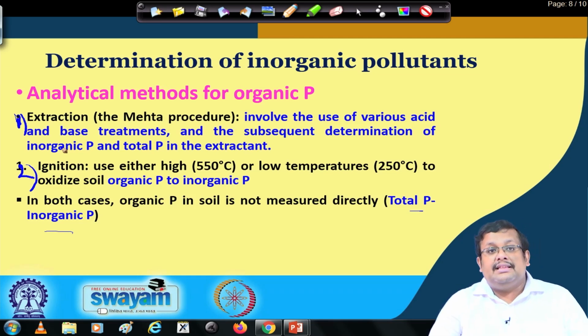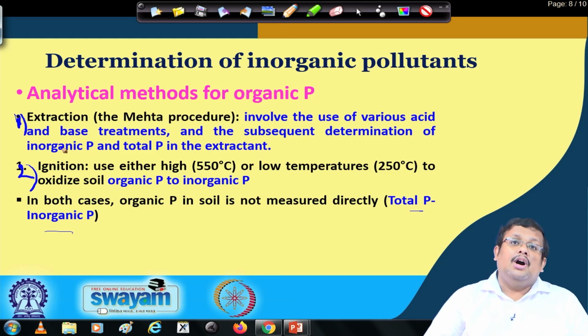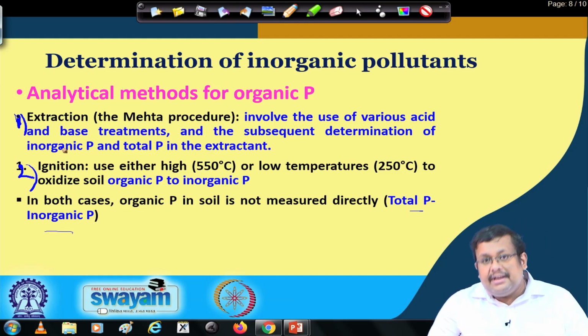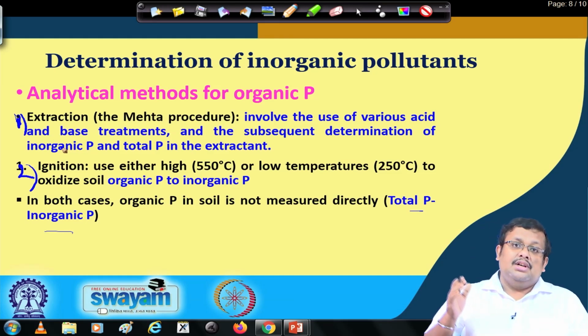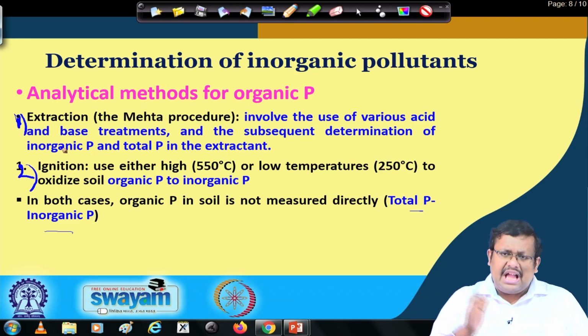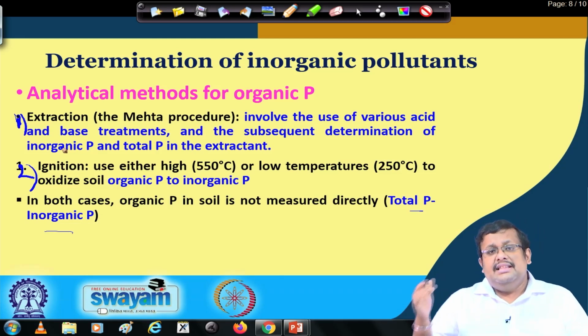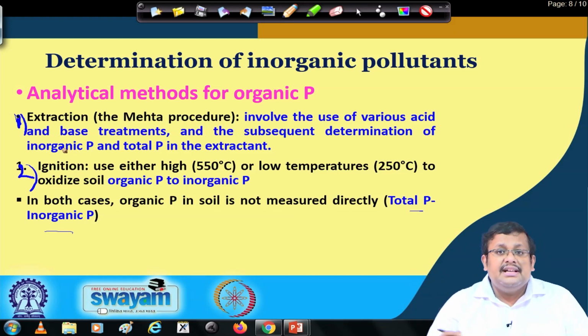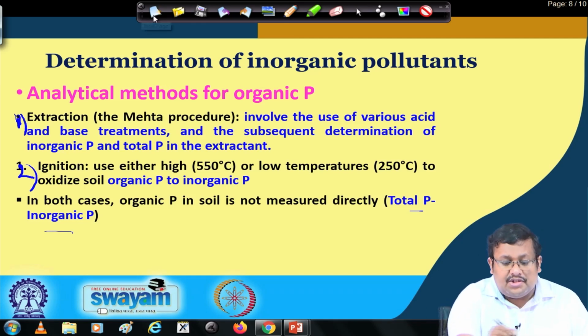Whereas the ignition method uses either high temperature, that is 550 degrees centigrade, or low temperature, that is 250 degrees centigrade, to oxidize soil organic phosphorus to inorganic phosphorus. However, in both cases, they are not directly measuring organic phosphorus, they are indirectly measuring it by subtracting inorganic phosphorus from total phosphorus.